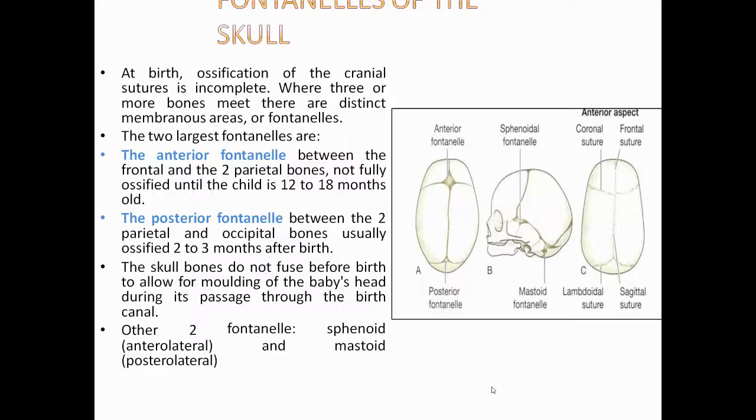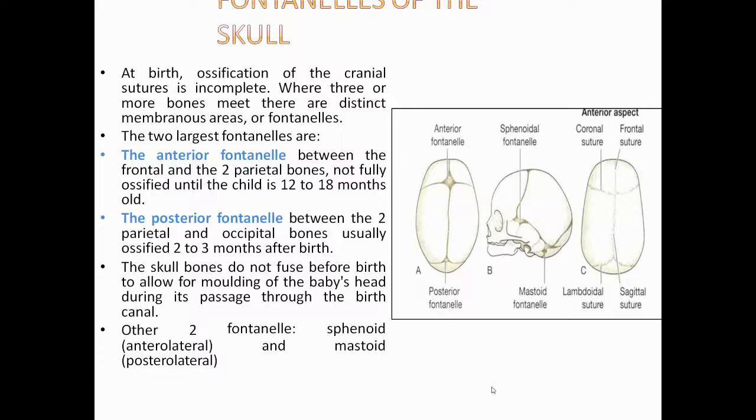Fontanelles of the skull. At birth, ossification of the cranial sutures is incomplete where 3 or more bones meet. There are distinct membranous areas, or fontanelles. The two larger fontanelles are the anterior fontanelle and the posterior fontanelle.